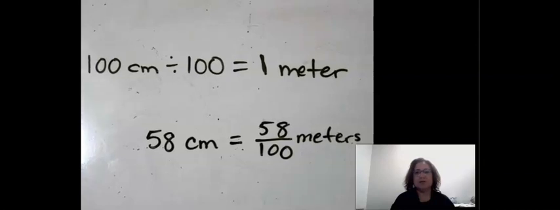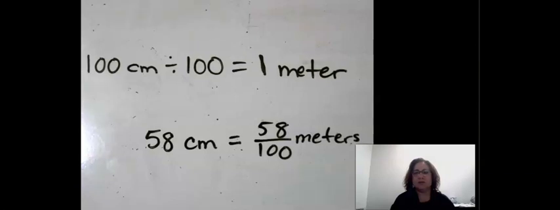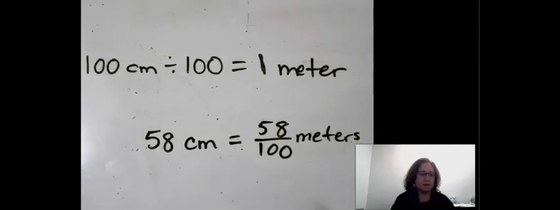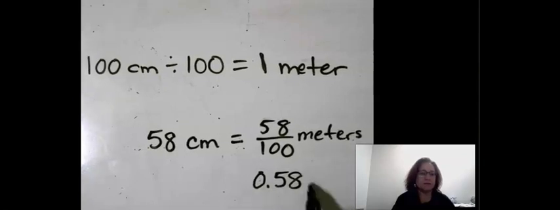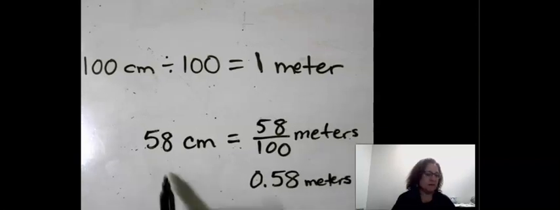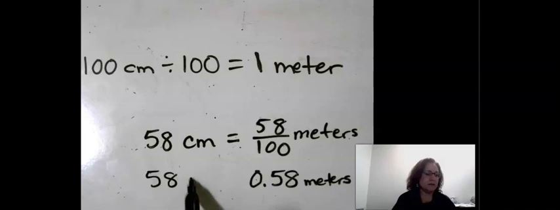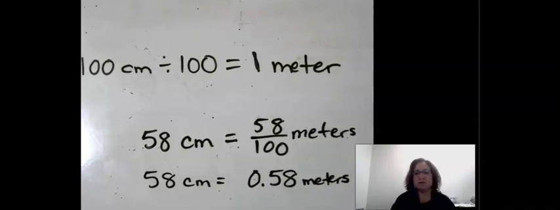If there are 100 centimeters in 1 meter, 100 divided by 100 is 1. So 58 centimeters is going to be 58 divided by 100. That gives us 58 hundredths meters. The dog is 58 hundredths meters tall.